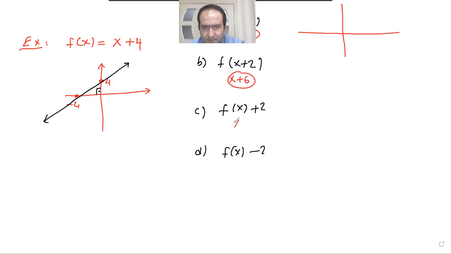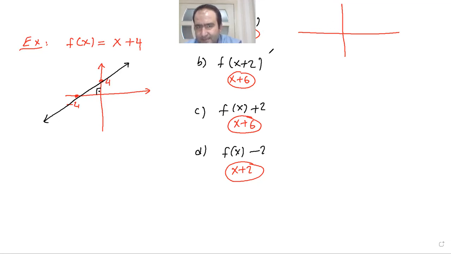And this is x plus 6 too. And this is x plus 2. So the original graph passes through minus 4 and 4. Do you understand? Minus 2, minus 4. This is 4. This is 2.